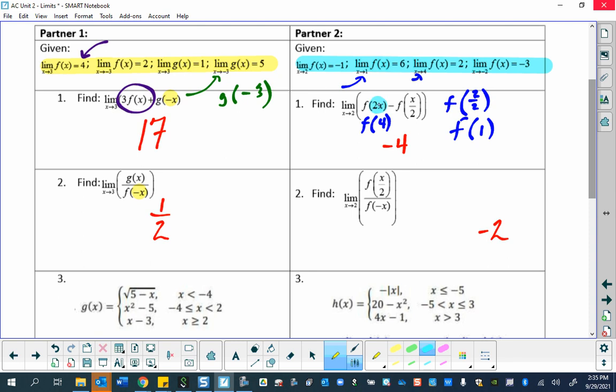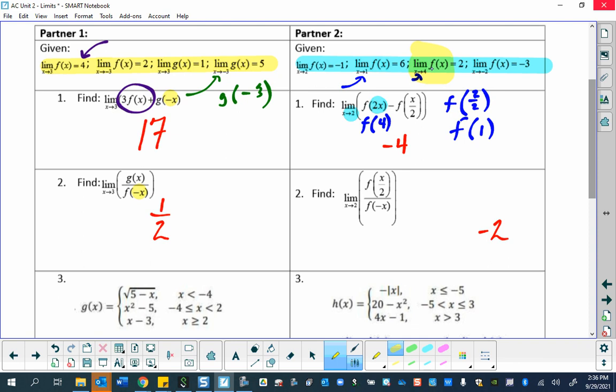Okay. Over here, it's different. Because over here, before I get my output, I'm monkeying with my input. Remember when I said I want the limit as x approaches 2? I changed my mind. I want the limit as x approaches twice my input value. Oh, you mean 4? Yeah, I mean 4, which is going to have you looking at this conversation here. Thus the limit as x approaches 4.